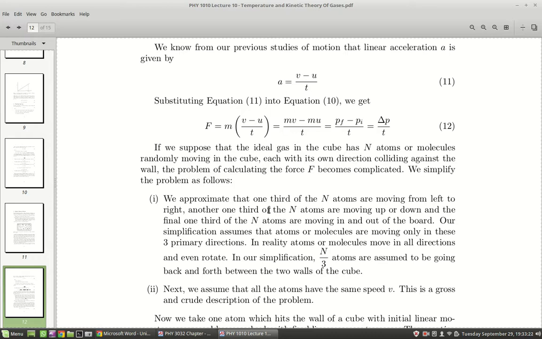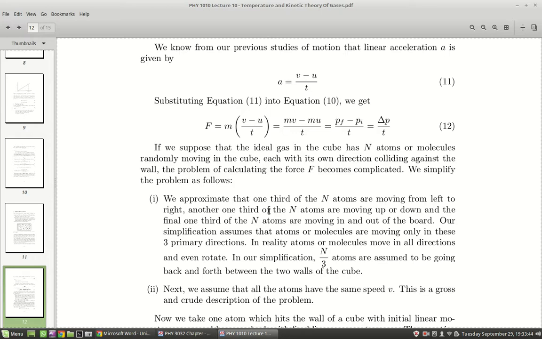Once we know the average force exerted by these atoms on this particular wall, we are going to divide that force by the area. Sorry, we're going to divide that force by the area. That is going to give us the pressure which is exerted on that particular wall. And we'll proceed like that.